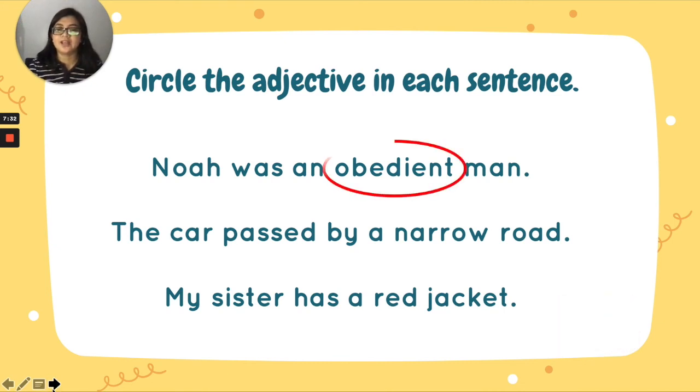Okay, the answer is obedient, and it is describing the man, or Noah. Next, second sentence: the car passed by a narrow road. Which one is the adjective? Okay, the answer is narrow, and it is describing the road, narrow road.